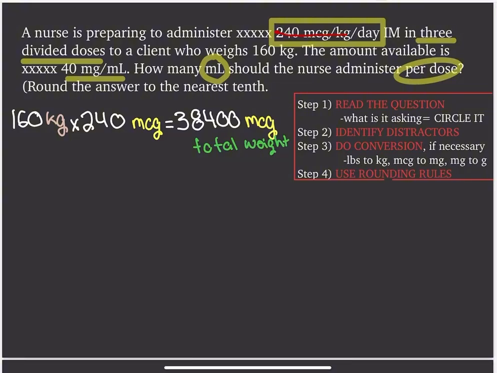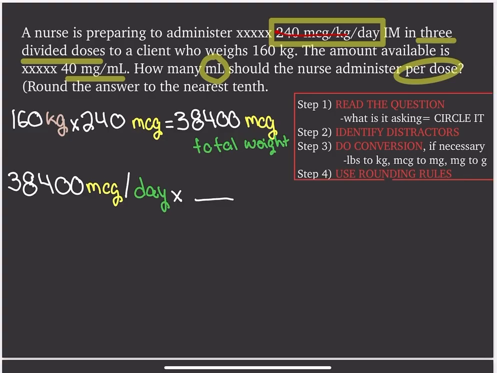Now that we got that, we can set up our conversion. So there is 38,400 micrograms for every day that the patient will receive the medication.